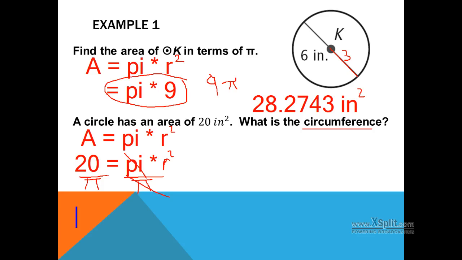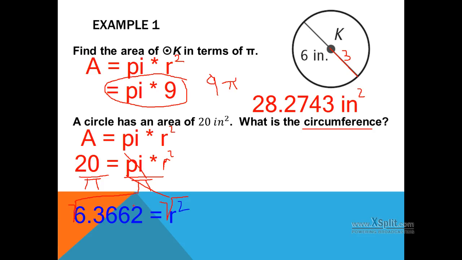20 divided by pi, I'm plugging that in my calculator right now. That gives me 6.3662. 6.3662 is equal to r squared. At this point, what do we do? You guessed it, we go ahead and square root both sides like normal.